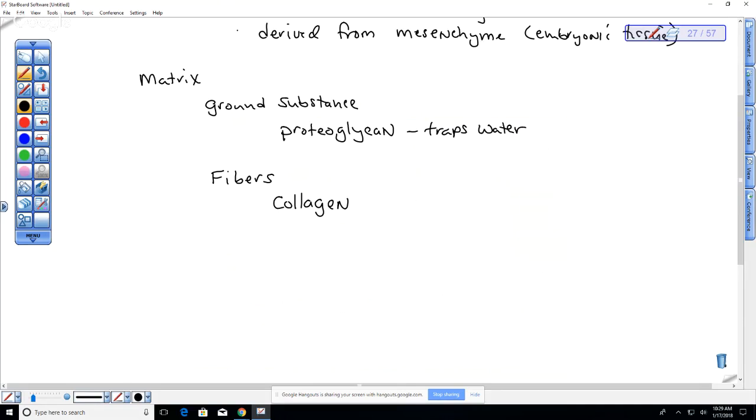Is it a protein, a carbohydrate, a nucleic acid, or a lipid? Does anybody know? Remember? It is a protein. So we call it a structural protein, and it's really important in the bones. It's the primary fiber in the bone that gives the bone its strength. And so this is very strong.